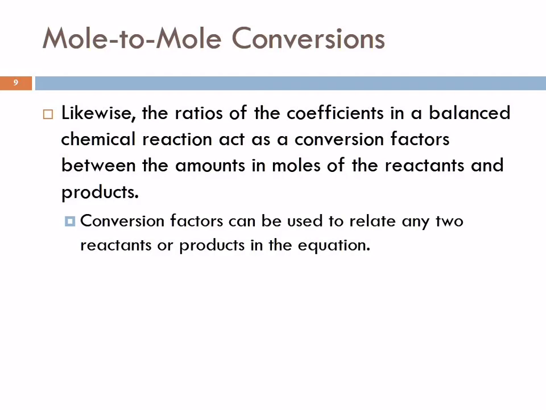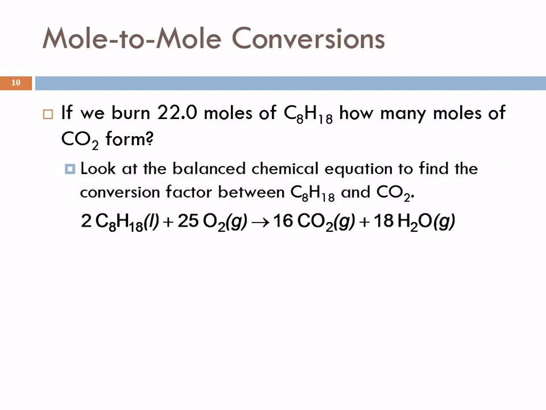Ratios of the coefficients work as conversion factors in terms of moles. So moles of this to moles of that, the numbers come straight out of the balanced chemical equation. So let's go back to our octane burning reaction here. If we burn 22 moles of octane, how many moles of carbon dioxide form?